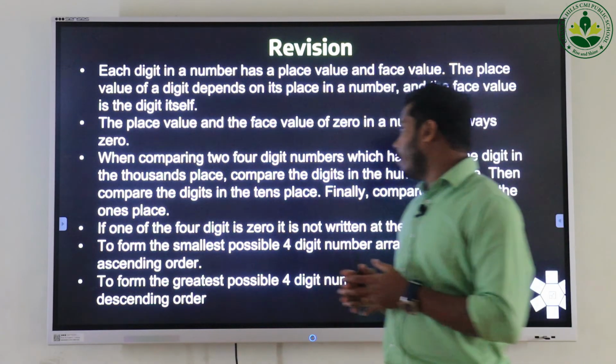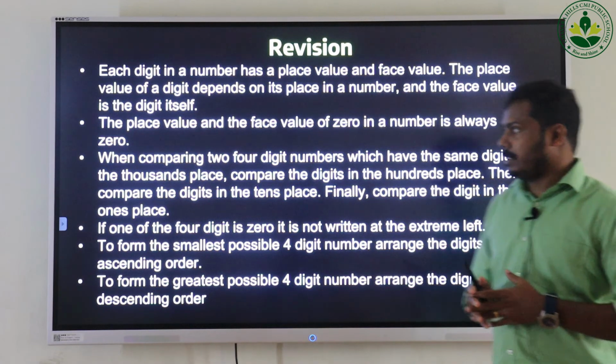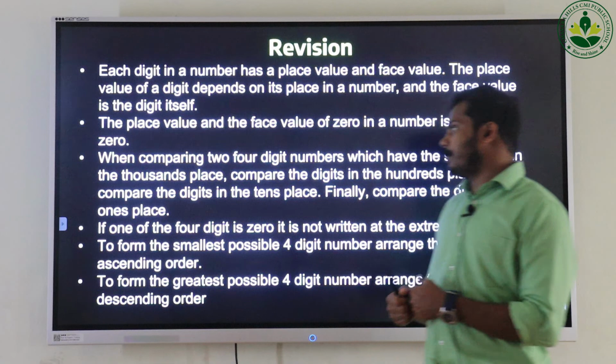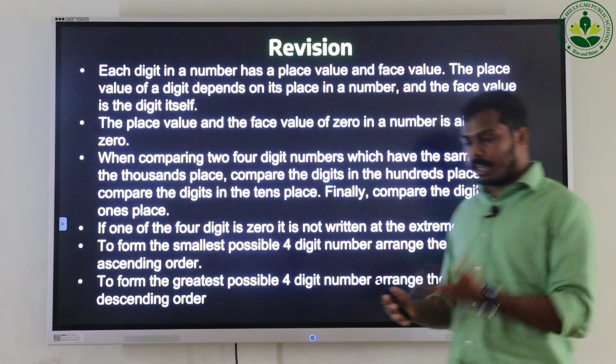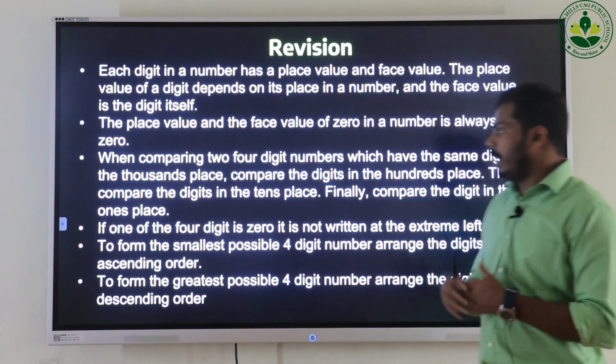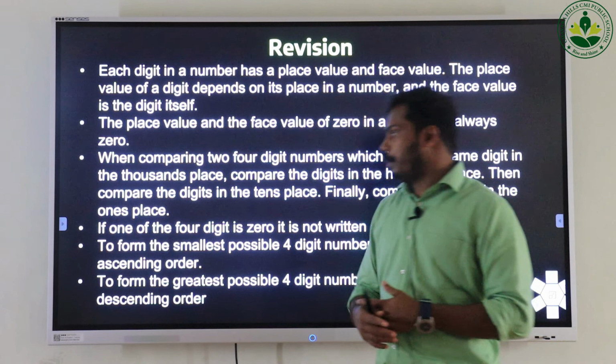Then we learned about comparing numbers. When comparing two 4 digit numbers which have the same digits in the thousands place, then compare the next place, that is hundreds place. If the hundreds place digits are same, then move to the next place, that is tens place. If it is same, finally compare the digits in the ones place.